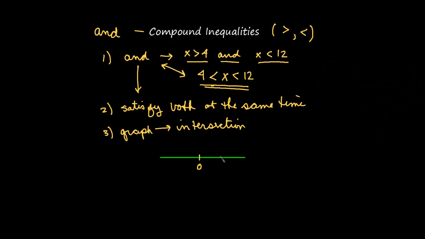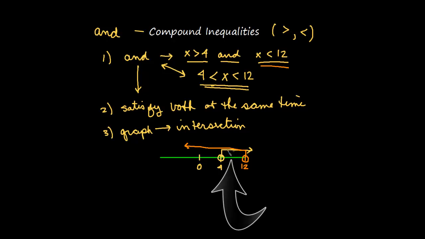So if I graph that, put my 4 here, it's greater than 4, so that's not included, and greater than would be up to the right there. And then x is also less than 12. So if I put 12 here, and less than, that would be this way. Well, where are the numbers that satisfy both of these at the same time? Well, it's going to be the intersection.